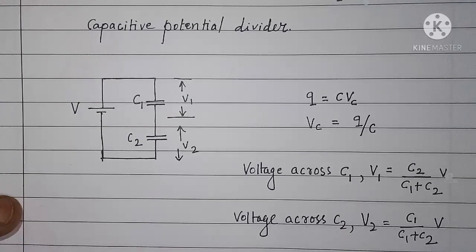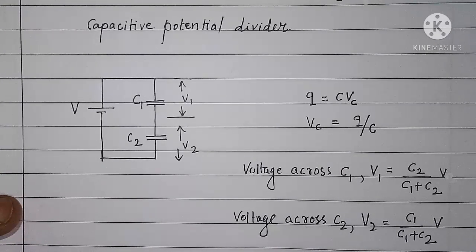But in measurement of high voltages, maybe AC or DC, we cannot use these potential dividers, that is the resistive potential divider or capacitive potential divider, as they are, due to some practical problems.